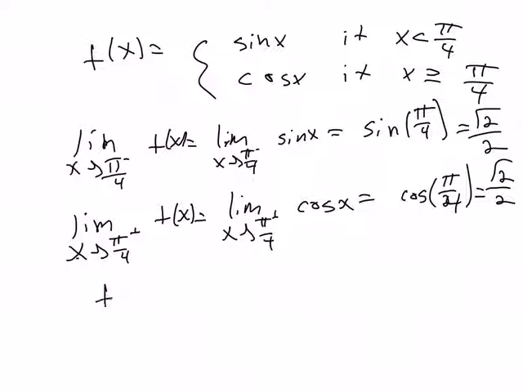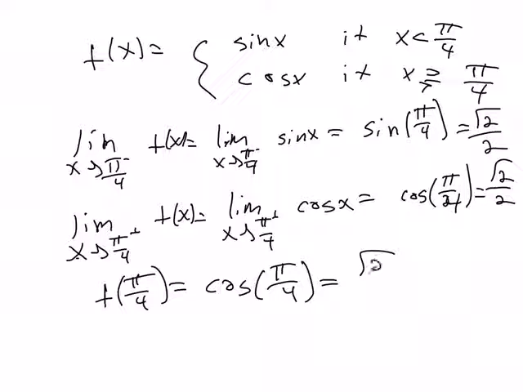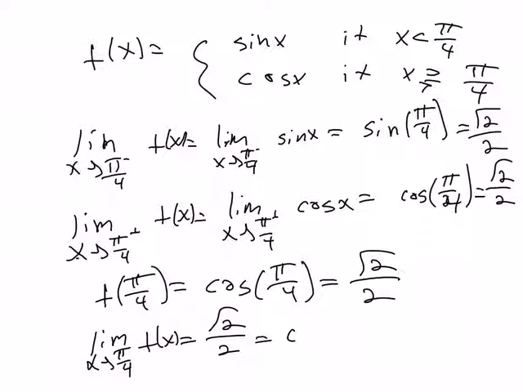And f of pi over 4 is equal to cosine of pi over 4, because x is greater or equal, which is equal to the square root of 2 over 2. So because of this, the limit as x approaches pi over 4 of f of x is equal to the square root of 2 over 2, which is equal to f of pi over 4, and that completes the problem.